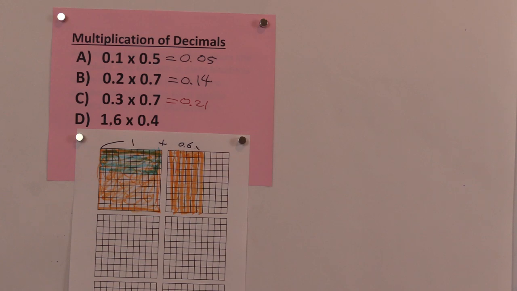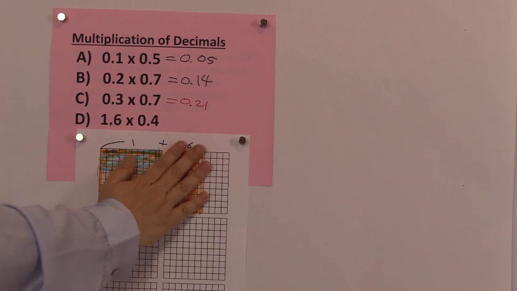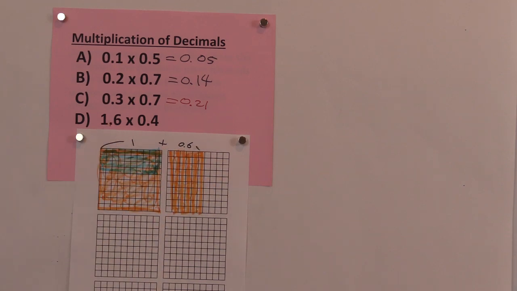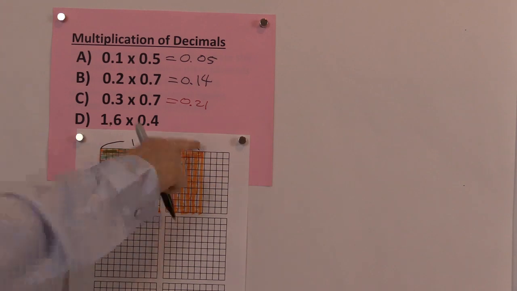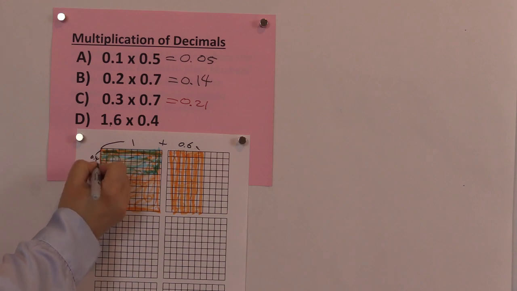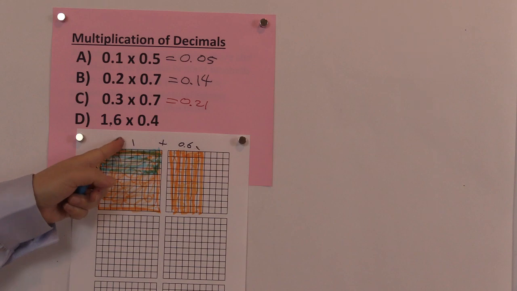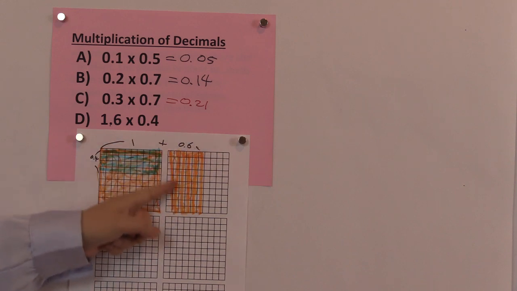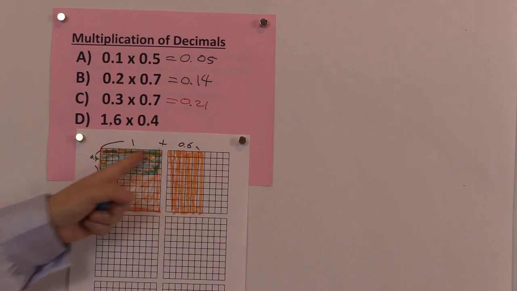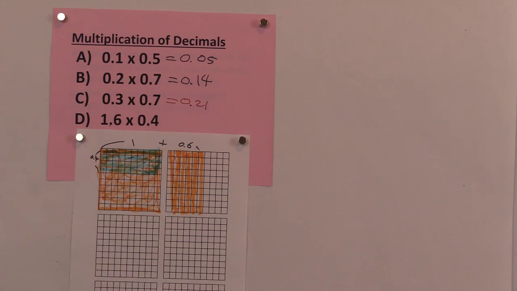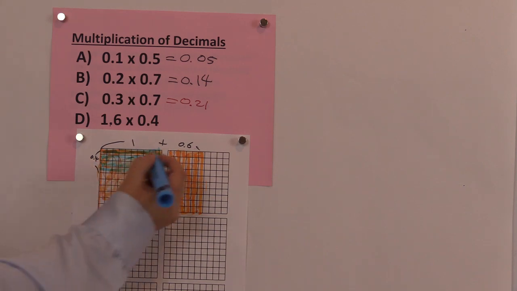Same thing for the fraction. If I stop only here, then my area is only 1 times 4/10. I didn't include 6/10 in here. My base is 1 and 6/10, so my height should include it, otherwise this is missing. Do you see what I'm talking about? So your height needs to go across to here.